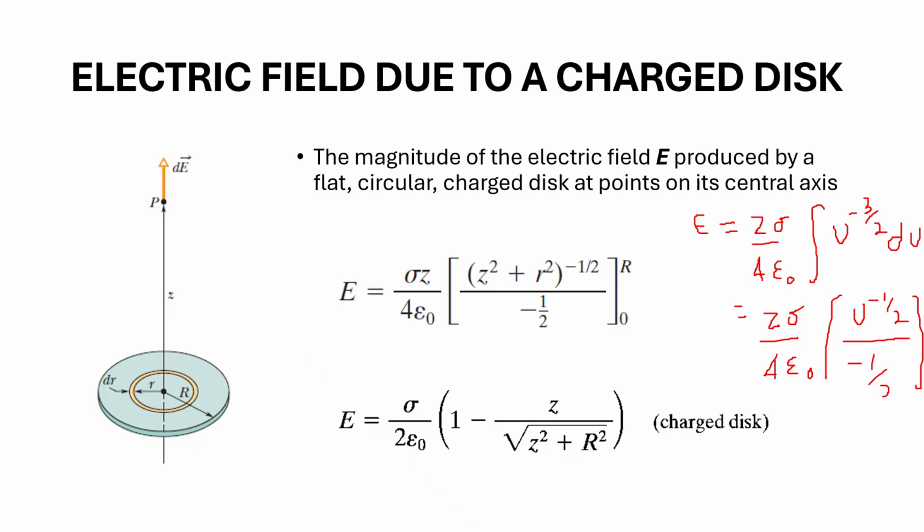Then you just substitute the value of u. The callback is u equals z squared plus r squared. Then you just substitute the value inside here, z squared plus r squared. When you substitute the value, solve this equation. Okay, when you try to solve this equation, you can try to do it.